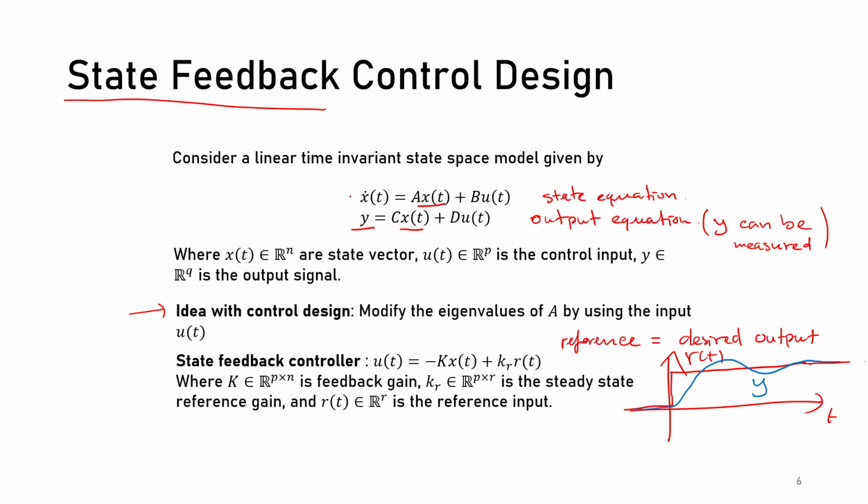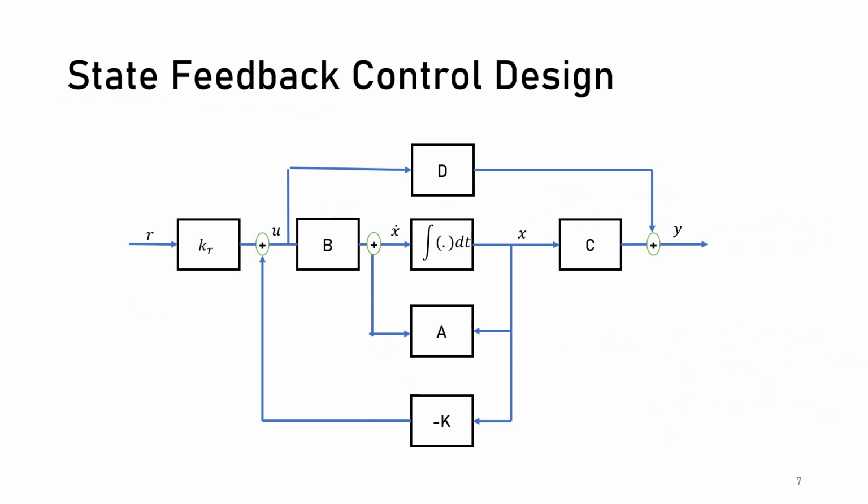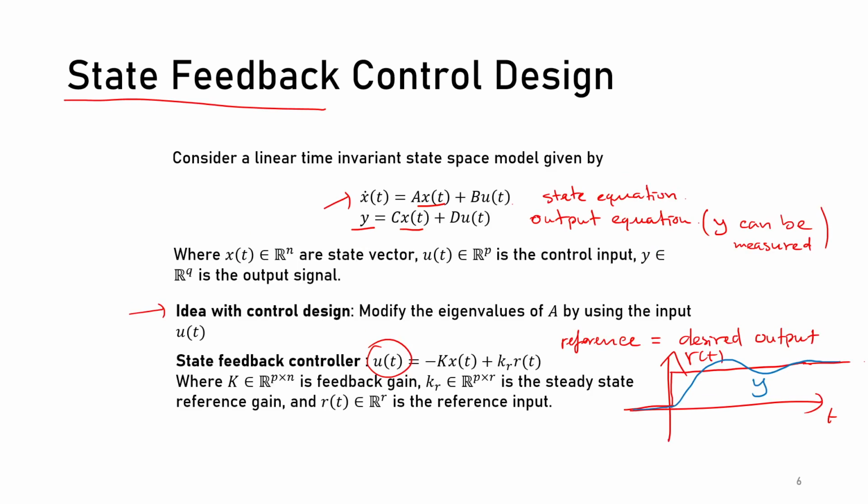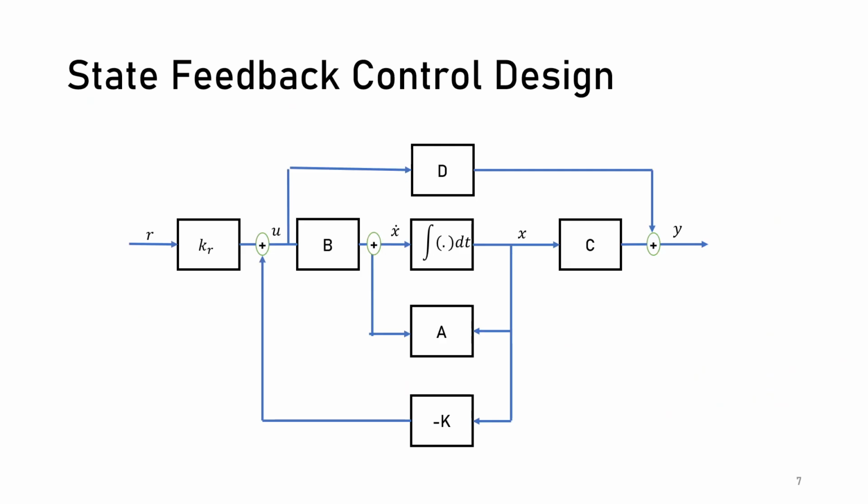Well, we look at the equation. We substitute u by this term into the state equation. Well, okay, before I elaborate the equation, let's see the block diagram that we can use to make simulation. This block diagram is just for simulation.